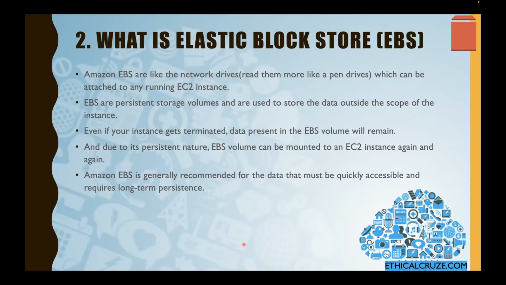So if anything happens to the EC2 instance, whether it goes down or we format it, the data will remain secure in the EBS volume in which we have stored it. Due to its persistent nature, an EBS volume can be mounted to an EC2 instance again and again. What I mean is, let's suppose you have an EC2 instance and you have stored your files in an EBS volume.